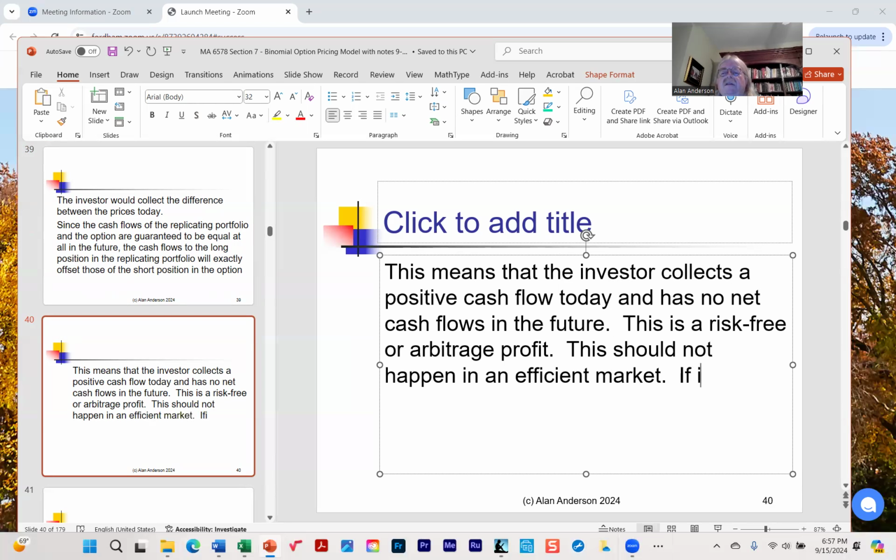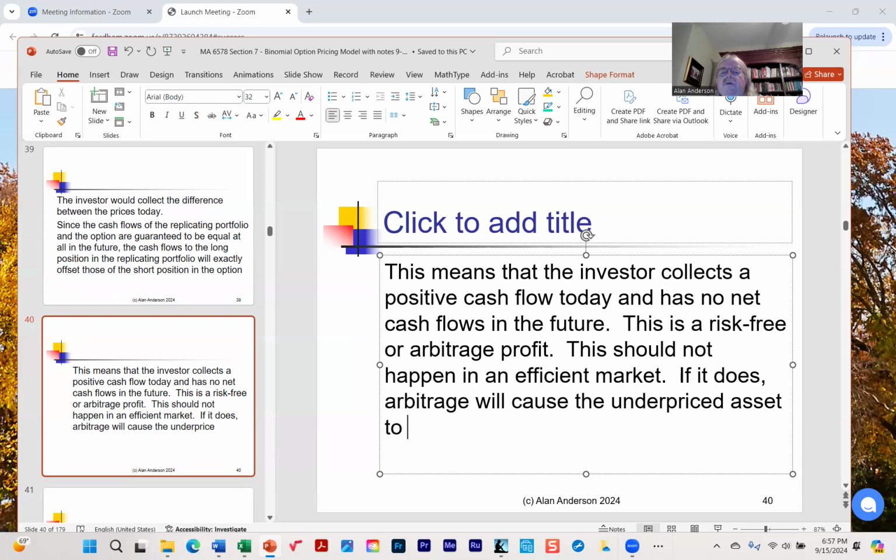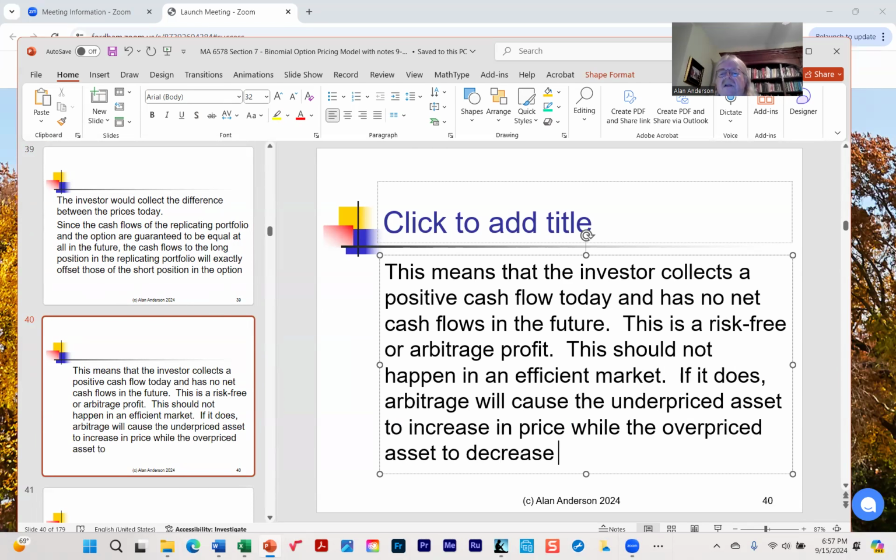If it does, arbitrage will cause the underpriced asset, which in this case is the replicating portfolio, to increase in price, while the overpriced asset decreases in price until they're equal to each other again.